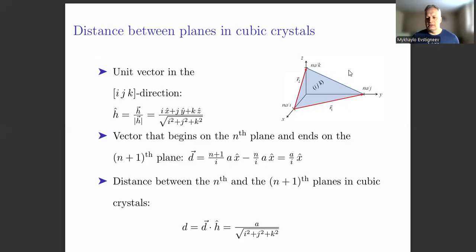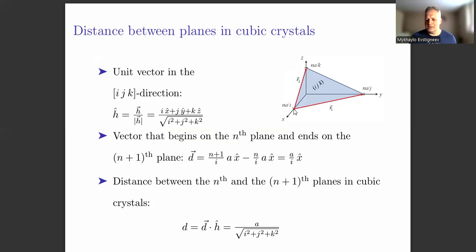Now we can draw a vector that starts on the nth plane and ends on the n plus first plane. So for example, we can take this vector to be along the x-axis. We do not have to.